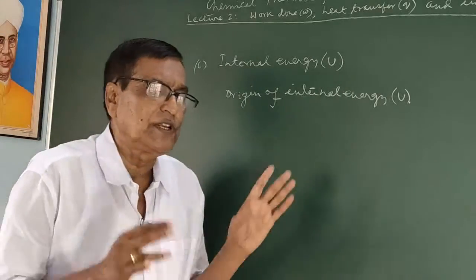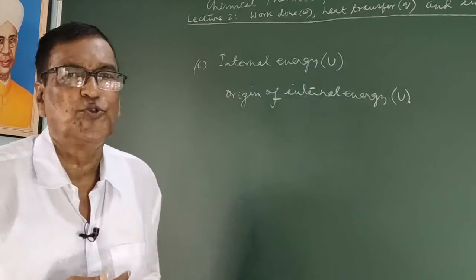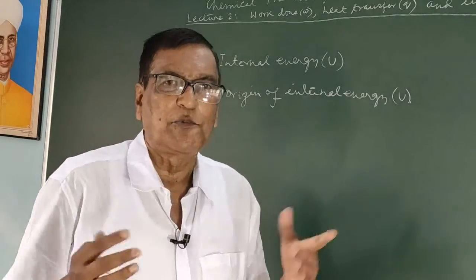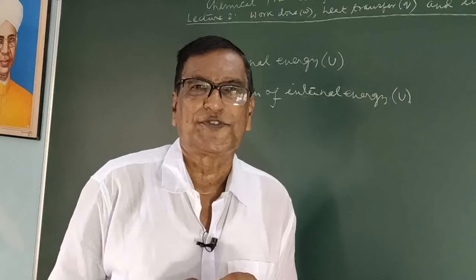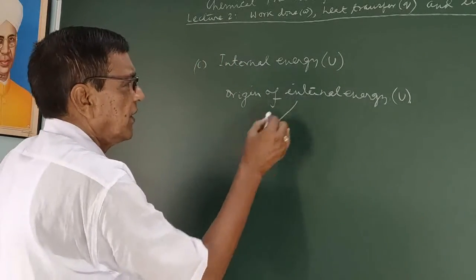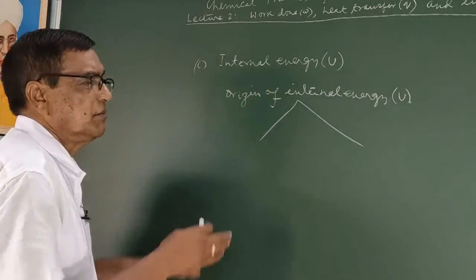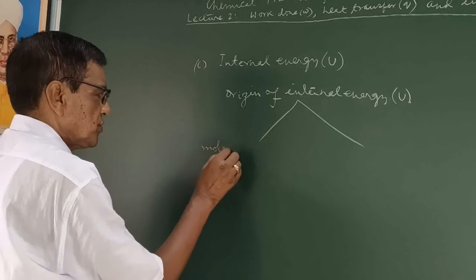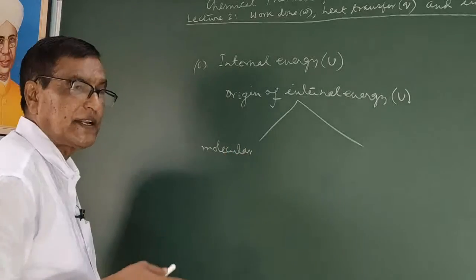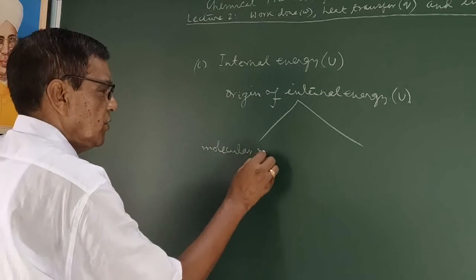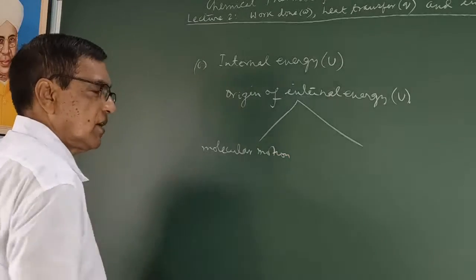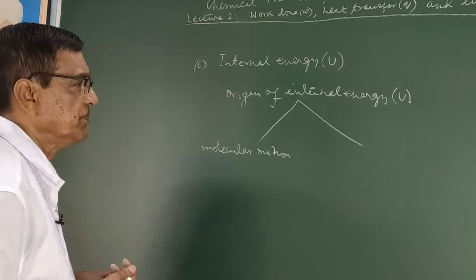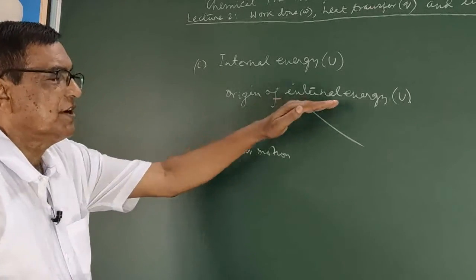It actually comes from the constituent particles like molecules in the system, and the origin comes from two types. One is the molecular motion. If these particles are molecules, then the molecular motion within the system will contribute to this internal energy.